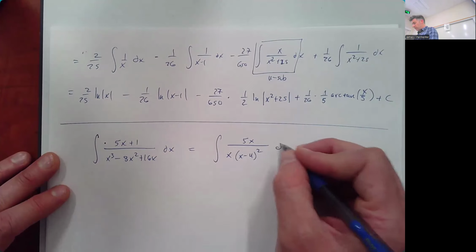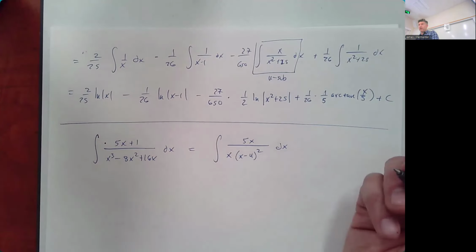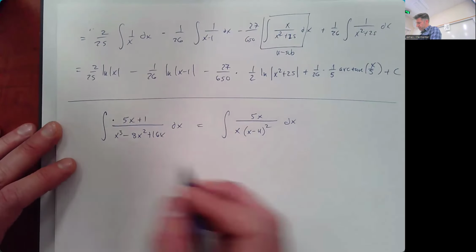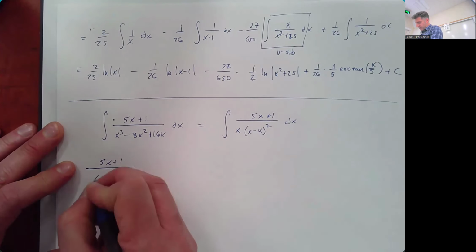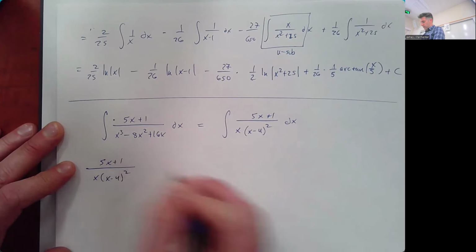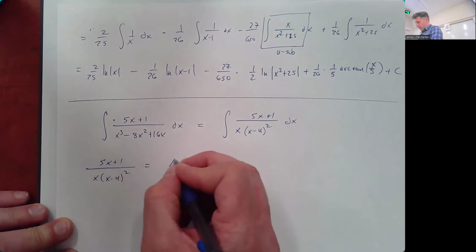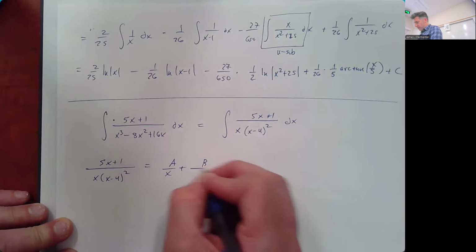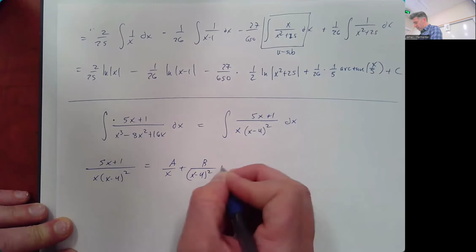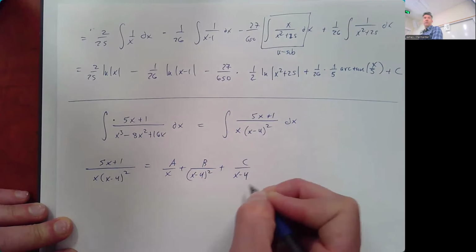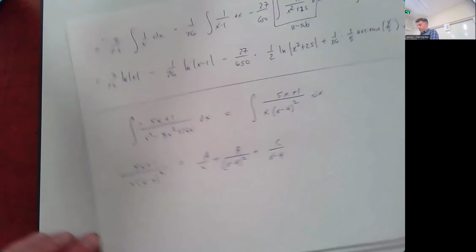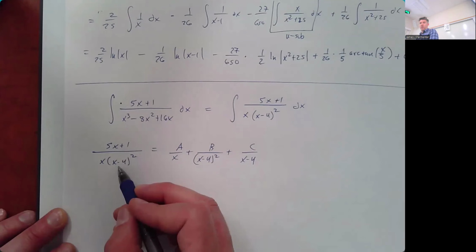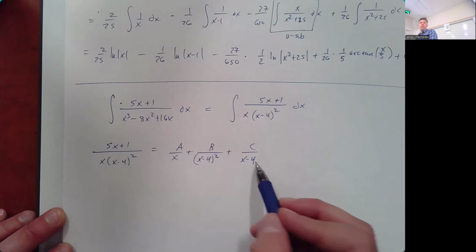When you do this partial fraction decomposition with a repeated linear factor, you have to write your initial integrand equal to a over x plus b over (x minus 4) squared plus c over (x minus 4) to the first. And then you would find a, b, and c. So when you have a repeated linear factor, you have to have that highest power and every lesser power.